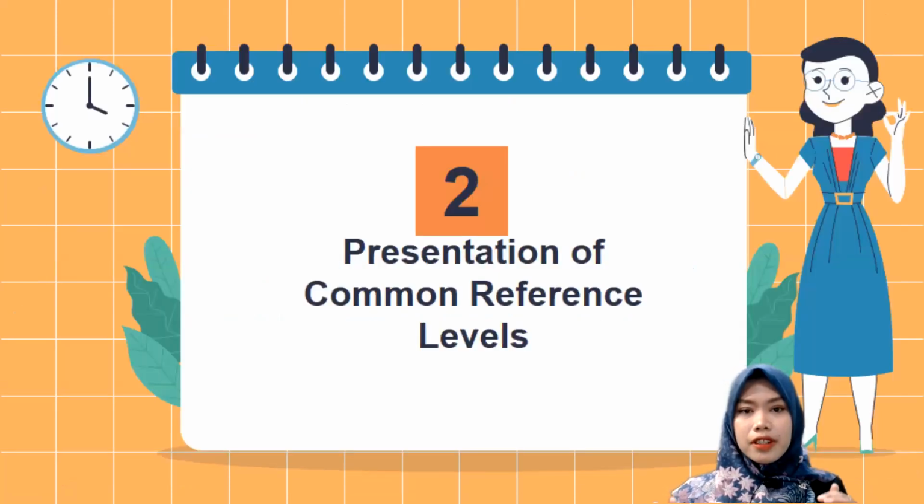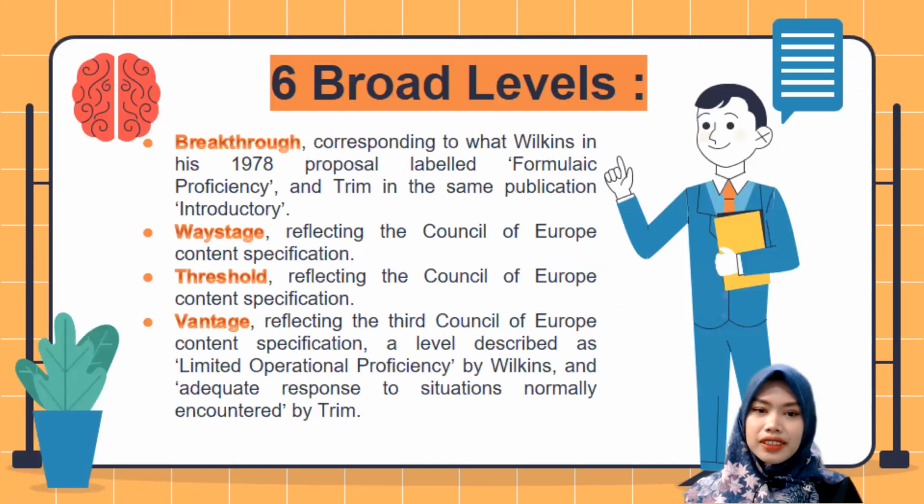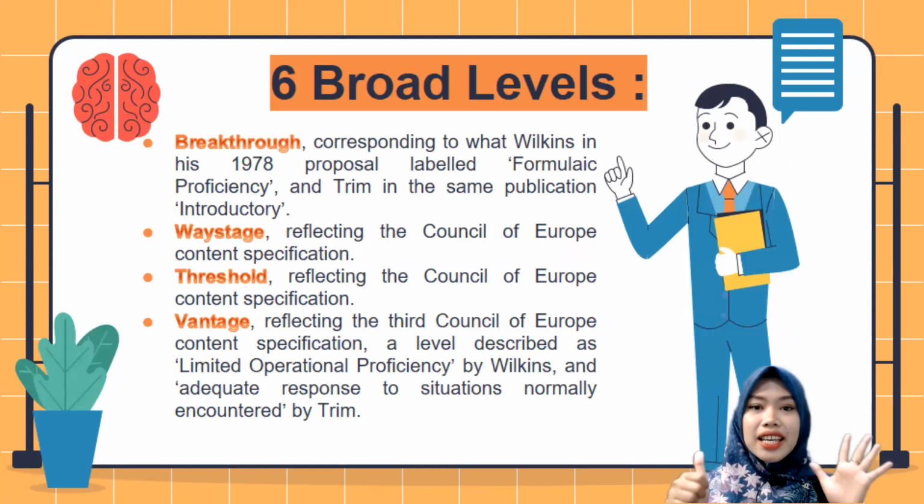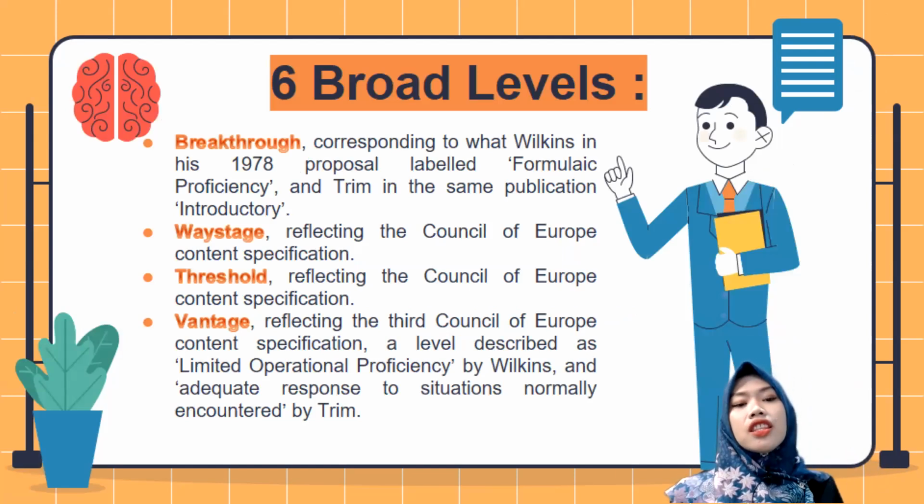And then subchapter 2, presentation of common reference levels. Okay, there are 6 broad levels. The first stage is breakthrough. The second is waystage. The third is threshold, and vantage. What's the meaning of breakthrough?